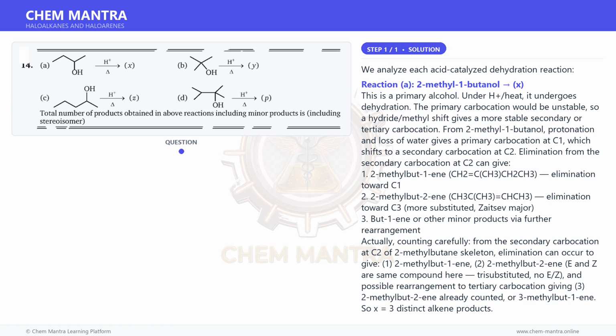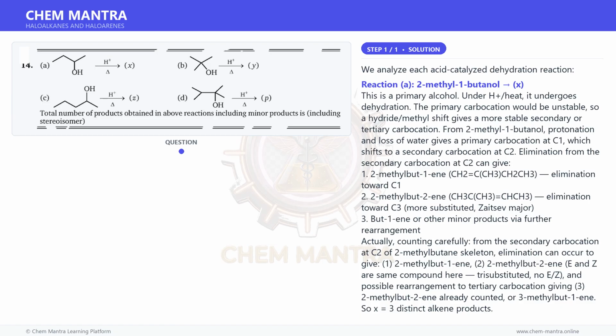E and Z hex-3-ene are different, CH3CH2CH=CHCH2CH3, so E and Z exist. So potentially 4 plus minor. But the answer is Z equals 3, so likely the structure is not 3-hexanol but gives 3 alkenes including stereoisomers.